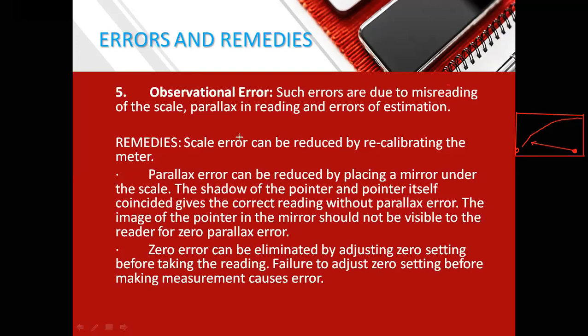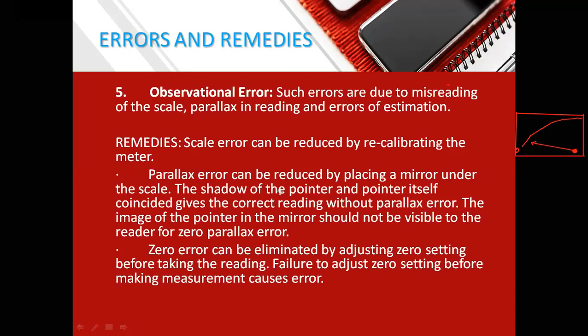So the remedies for these observational errors are: scale errors can be reduced by recalibrating the meter. If there is any scale error, then we can recalibrate the meter and use the same meter. Parallax errors can be reduced by using a mirror under the scale, and we have to take the reading where the pointer coincides with the image of the pointer in the mirror.